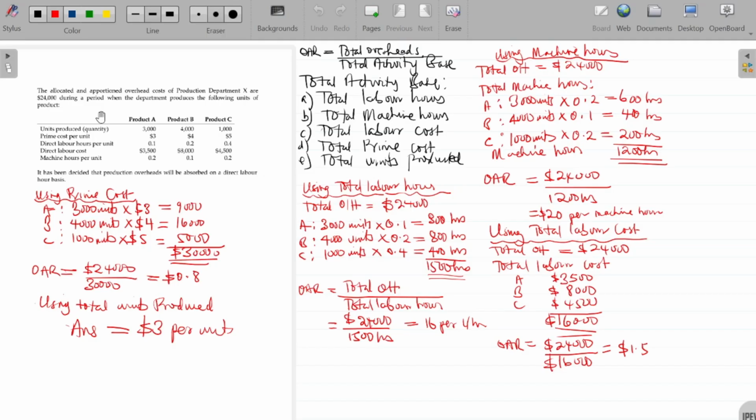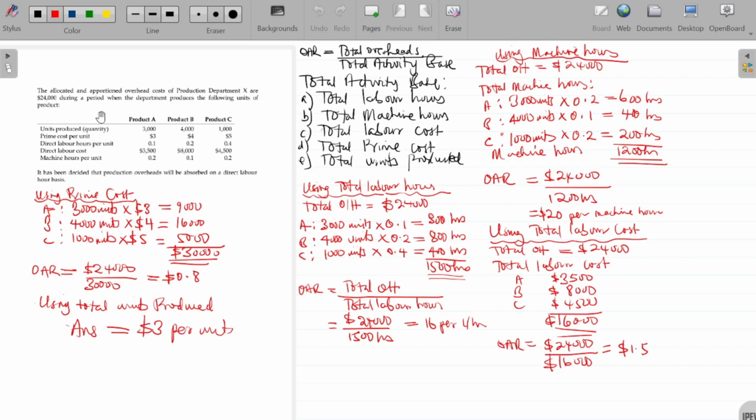Right? Now, what is the total labor hours? In order to get your total labor hours per product, you have to look at your labor hours per unit multiplied by the units produced. So product A is 3,000 units, product B is 4,000 units, and product C is 1,000 units.